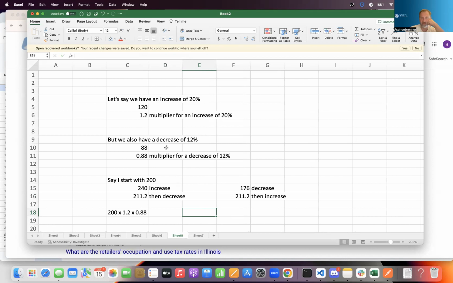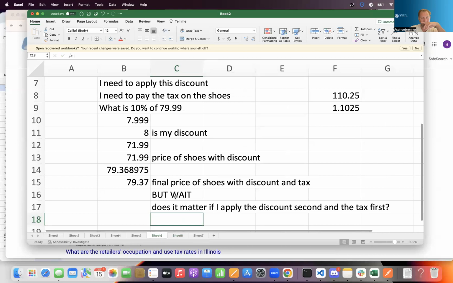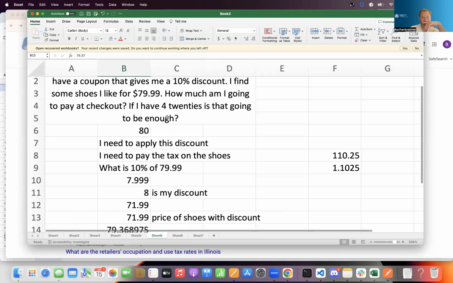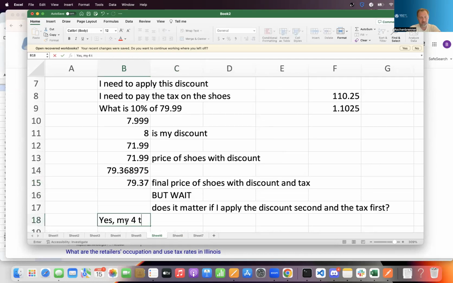The order we apply them in does not make a difference. I'm going to leave that to you to think about, and we'll circle back to that when we see each other. So, it doesn't matter. And to answer the question, do I have enough money? Yes, my 420s should be enough money to buy the shoes. Thank goodness for the discount.